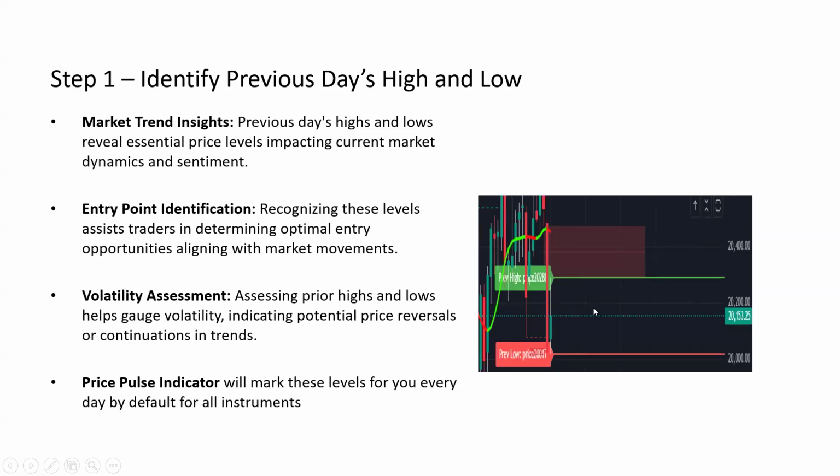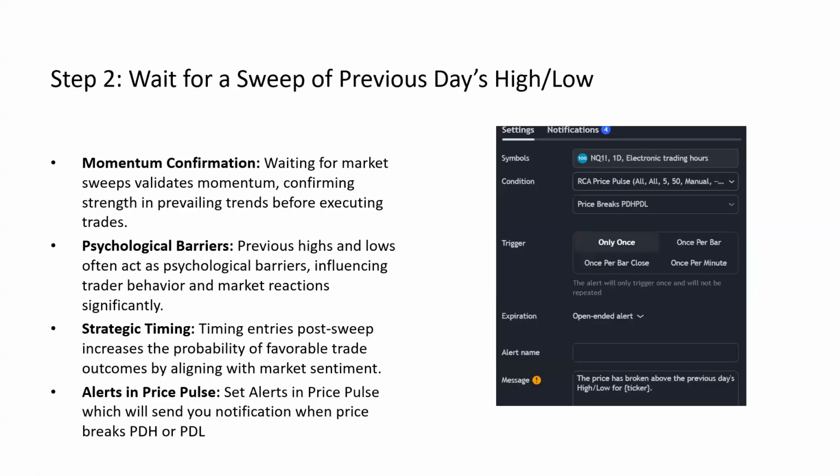Which you don't need to do, the algo will do for you. And wait for the sweep. That means you have to wait for the price to either go below the low of the previous day, or wait for price to go above the high of the day. Wait until that point of time. Don't take any trades. Once those two are done, now you will go and take the trades in 5 minutes.